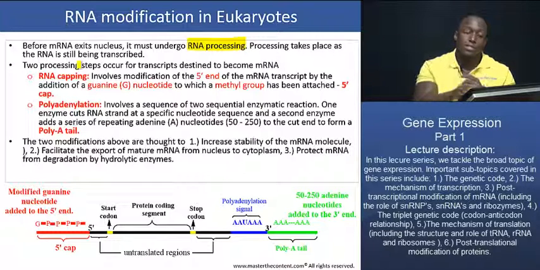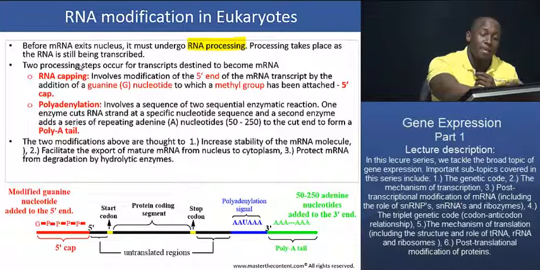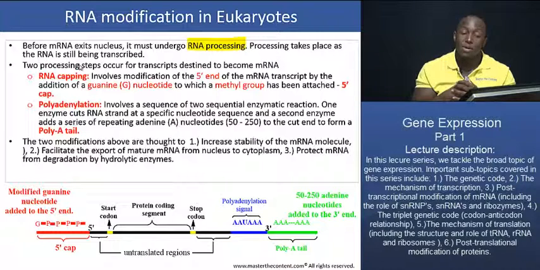So the first step that occurs in the processing of pre-mRNA is called RNA capping. RNA capping is basically the modification of the 5' end of the mRNA transcript by the addition of a guanine nucleotide to which a methyl group has been attached.